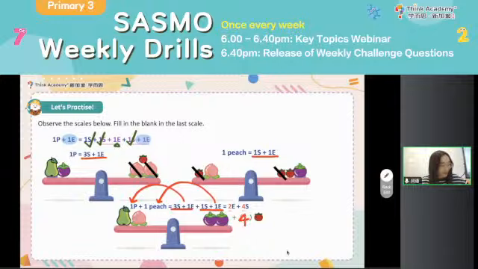Yes. Is this a bit hard for you? A bit hard, right? Okay. So you can see that for such a question, if you cannot figure out which one is the lightest, which one can be treated as 1 unit, then what should we do? We just turn the picture into the equation and try to find if there's anything that we can replace and eliminate.